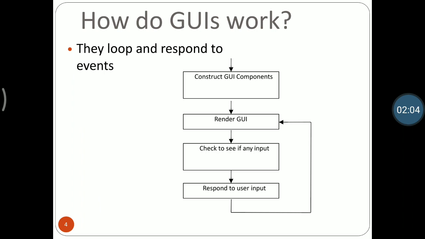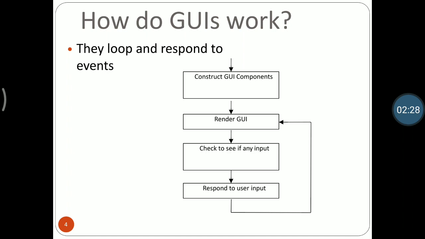Now we will see how a GUI exactly works. One loop is displayed in this slide. First of all, construct GUI components, which means make a component through which you can interact with the system. Second is render the GUI, which means the view of the component constructed in the first phase.